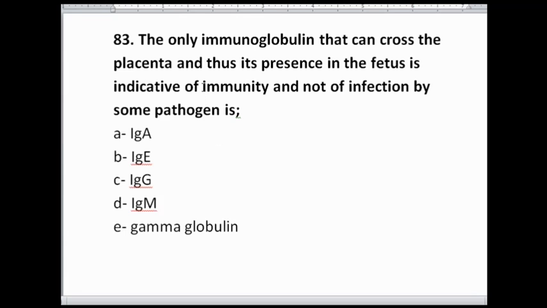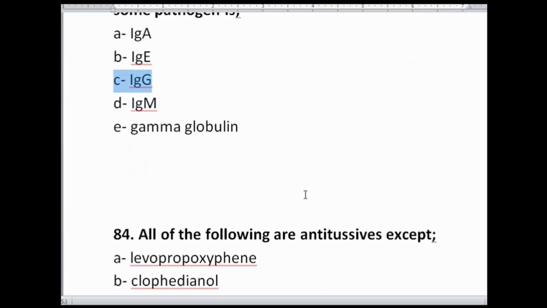Actually in this MCQ we are asked to identify the immunoglobulin that can cross the placenta, and that is C, immunoglobulin G. Immunoglobulin G can cross the placenta, so C is the correct answer here.